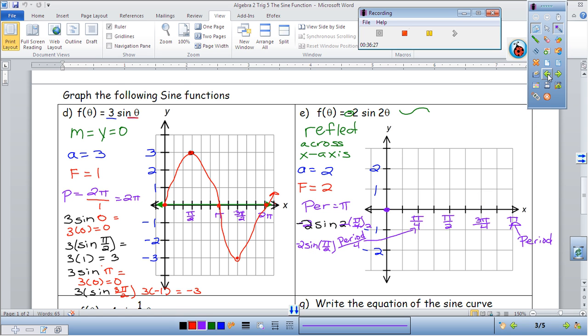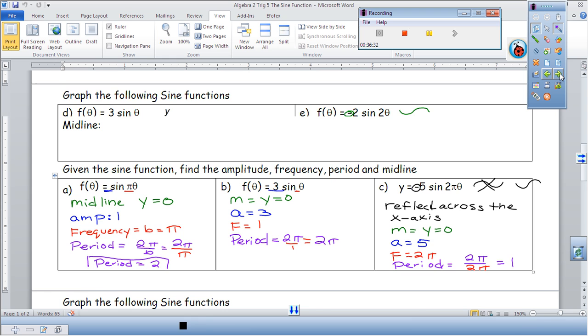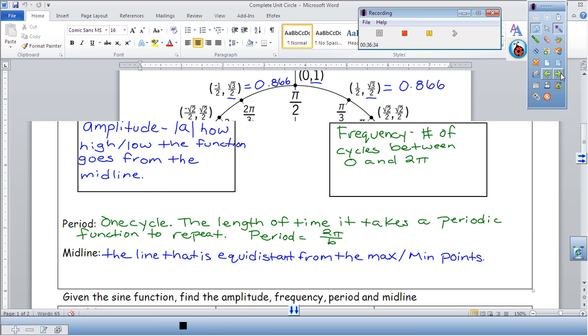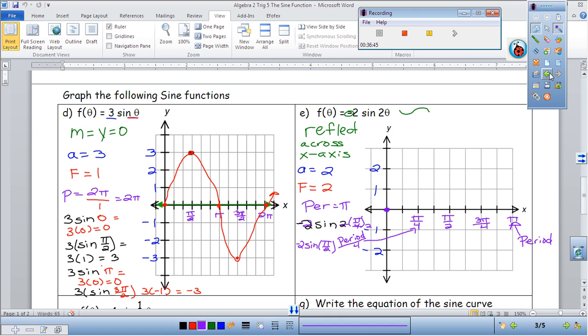Go back to your unit circle right away. At pi over 2, what is our sine? 1. Okay? So we're going to do -2 times 1, which gives me -2.